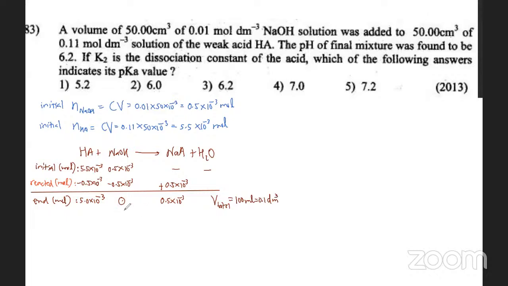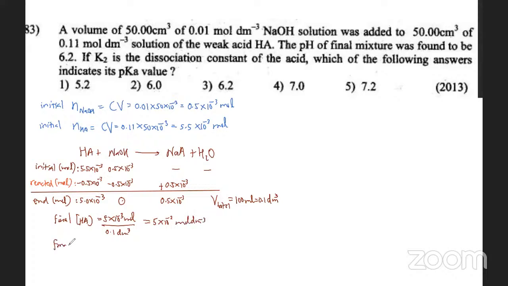That volume is common for both, so we are safe. The final HA concentration is 5 times 10 to the power minus 3 moles over 0.1 dm³. In essay questions, if they ask, this is how you would do it. That is 5 times 10 to the power minus 2 mol/dm³.